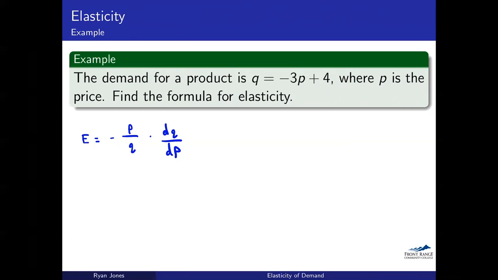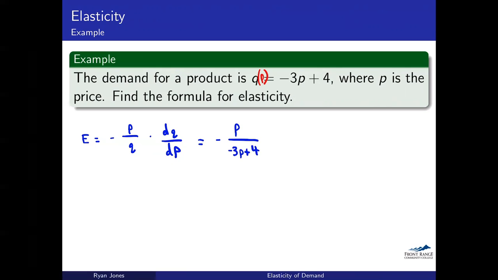Sometimes you'll see this written as Q of P. I'll kind of squeeze that in there. I haven't written that here. That's fine. Some people write it, some people don't. So we've got Q as a function of P. So the very first thing that I should do here is I should go ahead and write out negative P. Remember, P is my variable, so I leave it there. Well, then Q is negative 3P plus 4.